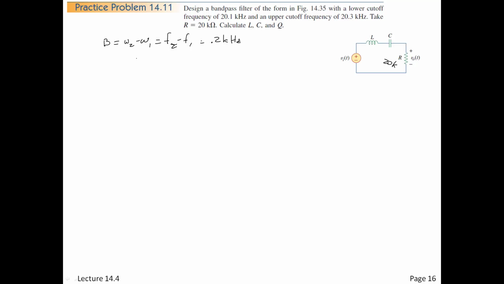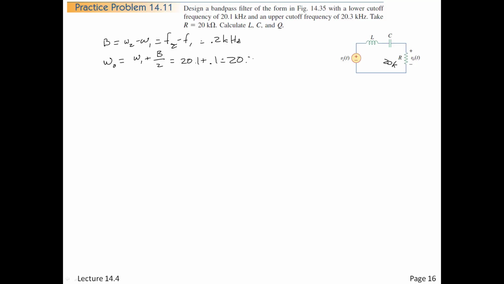We want a center frequency, so omega 0 is going to be the midway point. It'll be omega 1 plus the bandwidth over 2. So that'll be what? Omega 1 is 20.1 plus half of the bandwidth, which is 0.1.